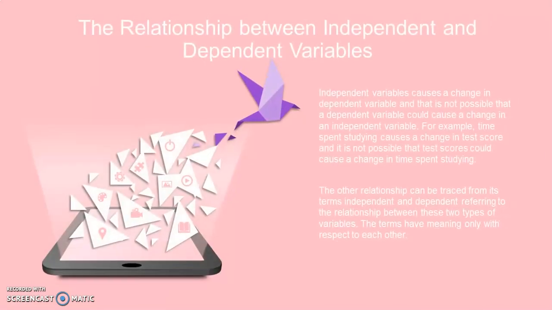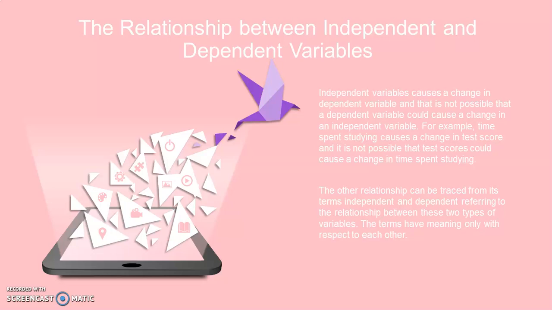Let's move to the next topic. Independent variable causes a change in dependent variable, and it is not possible that a dependent variable could cause a change in an independent variable.